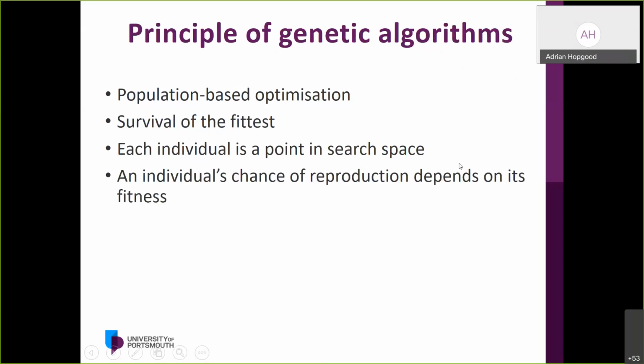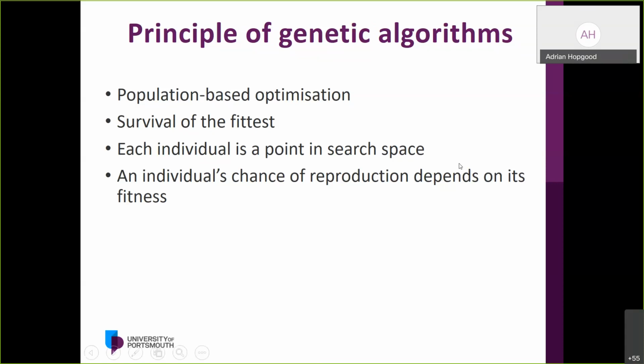So they are population-based, as I just said, and they use the Darwinian principles of survival of the fittest. So the idea is that you have a collection of individuals, candidate solutions if you like, each of which is a point in the search space, and each individual's chance of reproduction depends on its fitness. So the fittest survive and reproduce.